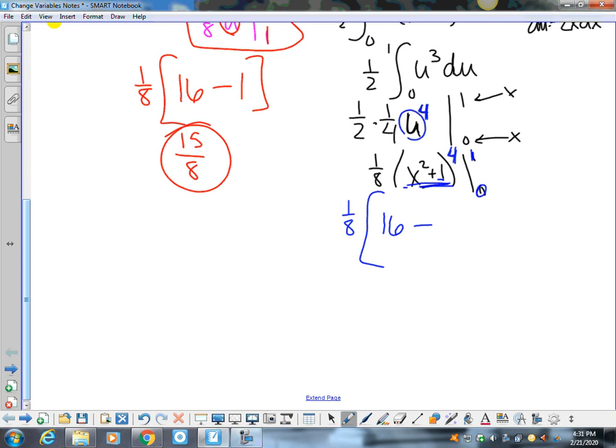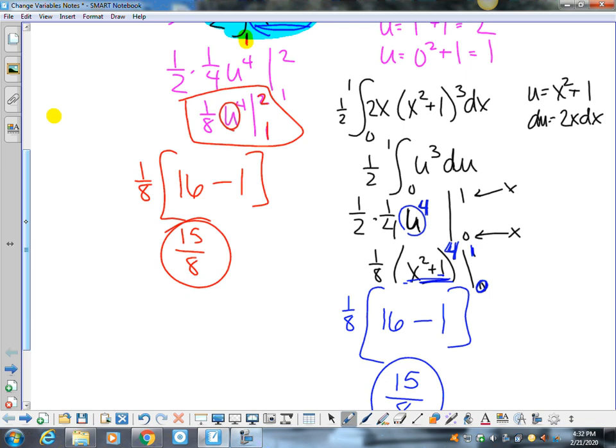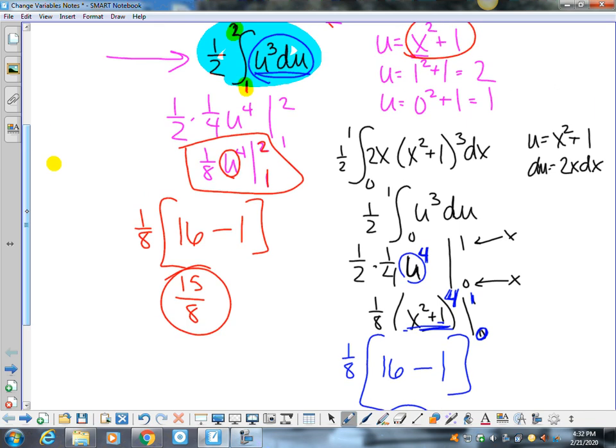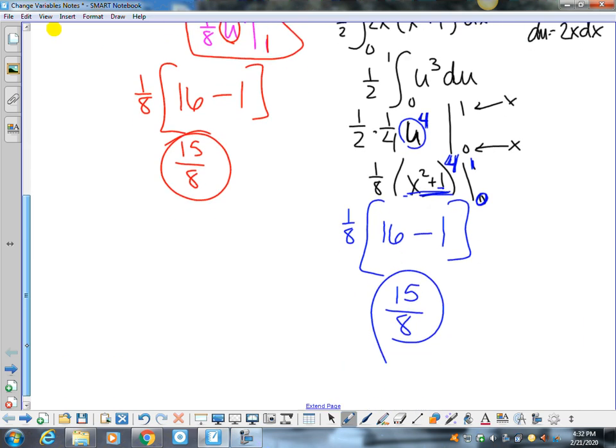Now I'm going to plug in the 0. 0 squared is 0, plus 1 is 1. 1 to the 4th power is 1. And that gives me 15/8. So you get the same answer either way. So everything in black and the end that's blue is what you've done. But look at how much more work it took.